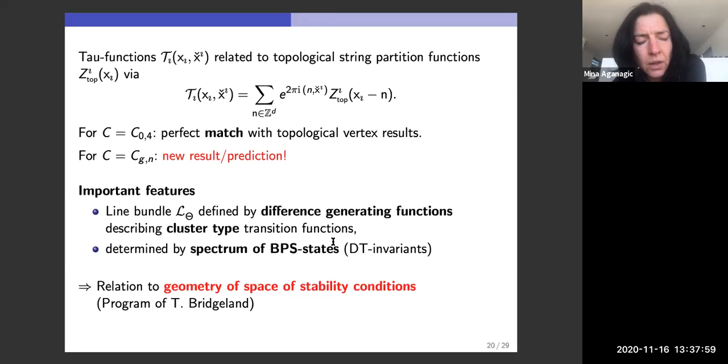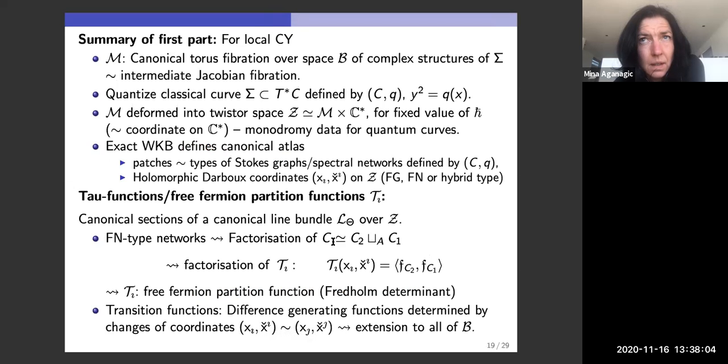So just a question, in your cluster-like transformations, my question is a silly question, but I don't remember the answer.